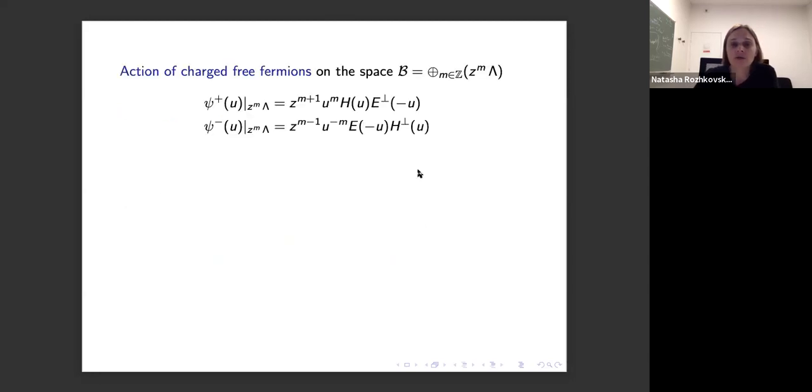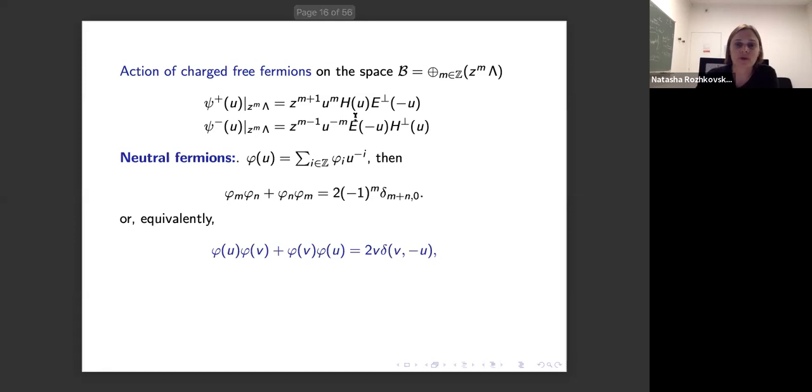And we can also define the action of charged free fermions on the space that consists of symmetric functions using those multiplications by complete symmetric functions, by h's, adjoint for e's, and the other way. It is an exercise that follows from those commutation relations that here we will indeed get the relations of charged free fermions.